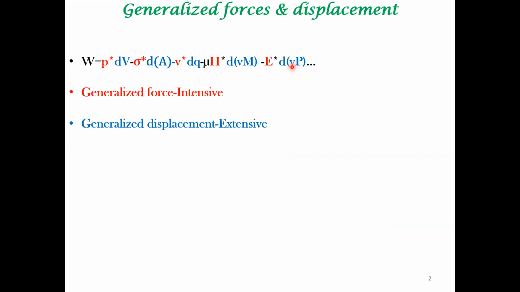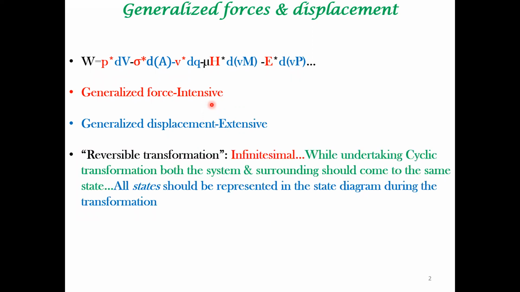In a previous lecture, we had addressed work transformation. All work transformation can be represented as a product of generalized force times generalized displacement. These are intensive variables and these are extensive variables. We had emphasized three aspects of reversible transformation. One, that it is infinitesimal.